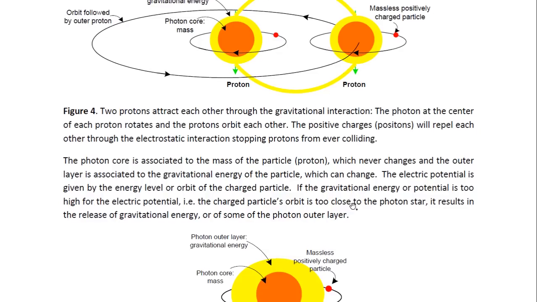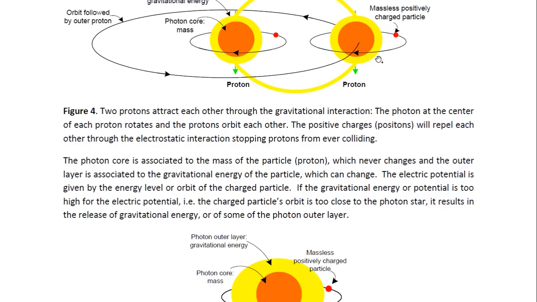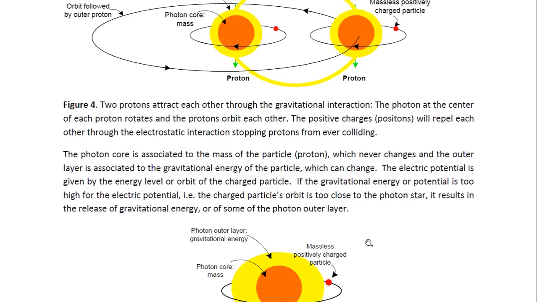And so if the gravitational energy or potential is too high for the electrical potential, in other words, if this outer layer goes out too far so that it gets too close to the orbit, then some of the gravitational energy will be released. And that will then result in a photon being released, because when gravitational energy is released from the inside of a proton, it emerges from it as a photon.